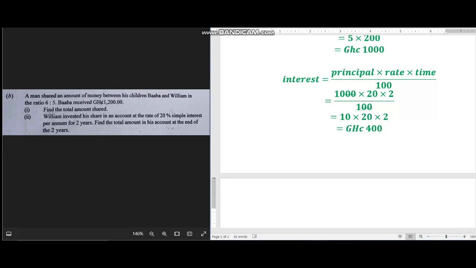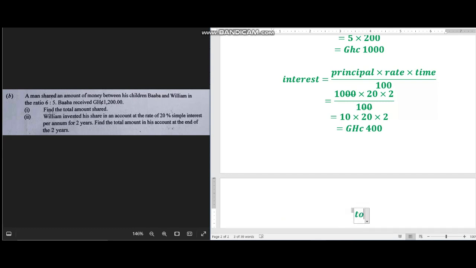When you invest your money at a bank, the money you've invested, your capital, is called the principal, and you are going to earn some interest on it. The interest William got is 400 cedis, but the money he invested is 1,000. So at the end of 2 years, he's going to get a total amount, and that is what the question is looking for.